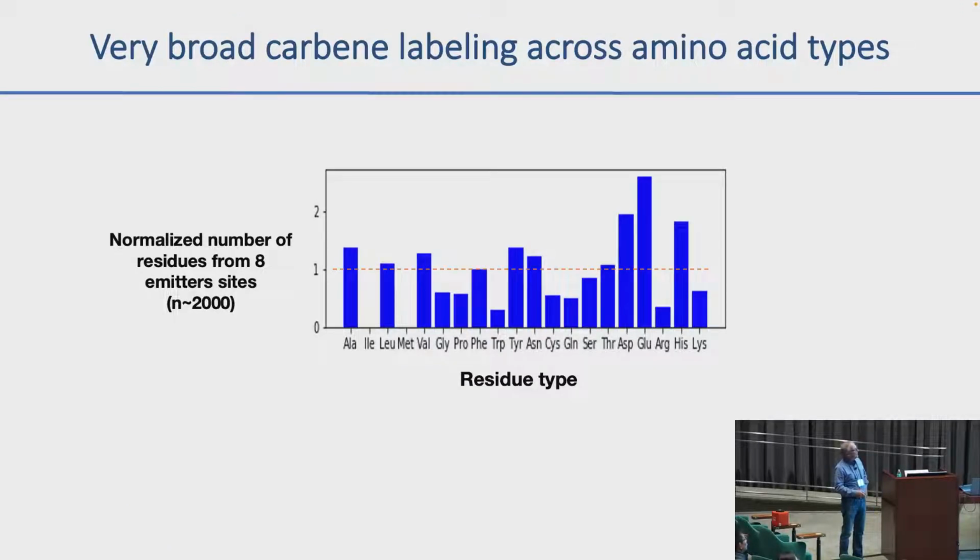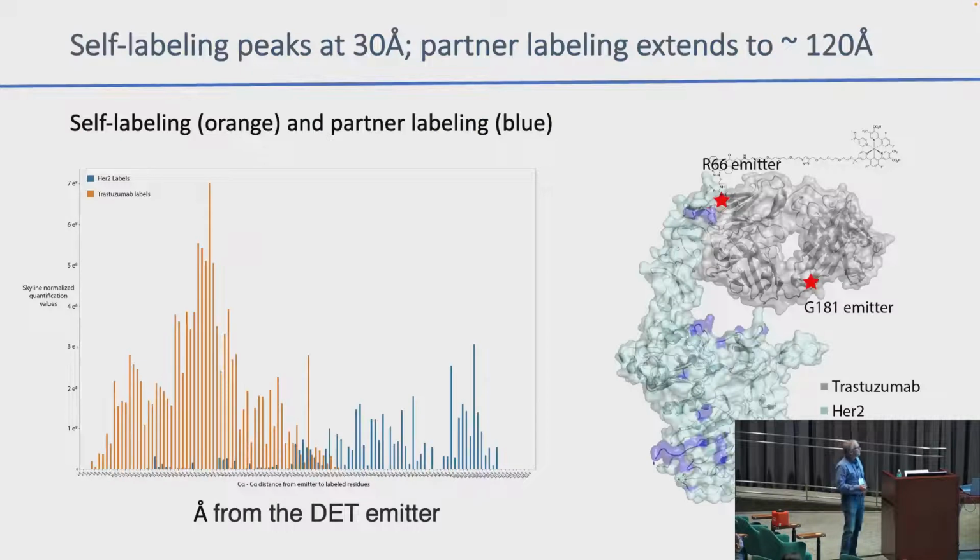You can see these 20 amino acids here. These two sites, the isoleucine and methionine sites, were buried so we don't see them getting labeled. But for the other sites, it's very even in what it labels. So it sprays everywhere, inserting into C-H and C-C bonds and the like.